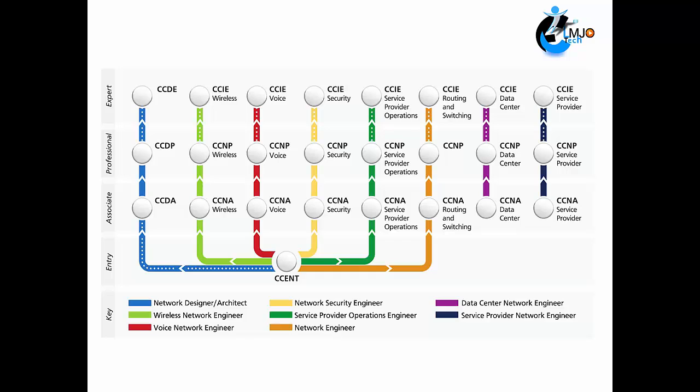CCNA Security, basically, gives you all the knowledge of how to build a secure network, how to make sure that hackers will not be able to hack your network, how to make sure that viruses are not going to get into your network. Because if the organization is big, if there are too many employees, if the company has an enterprise type of network, one of the other things is confidentiality.